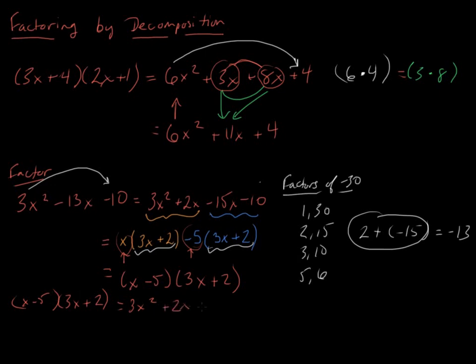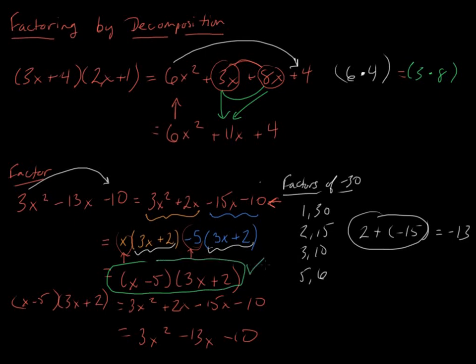Minus 5 times 3x is minus 15x, and then minus 5 times plus 2 is minus 10. This line here should look pretty familiar because it's this step right there. So we know our decomposition worked quite well. And then if you combine them, lo and behold, you get 3x squared minus 13x minus 10, which was the original problem. So we know that our factoring, our final answer, is correct with that nice little 30-second check.